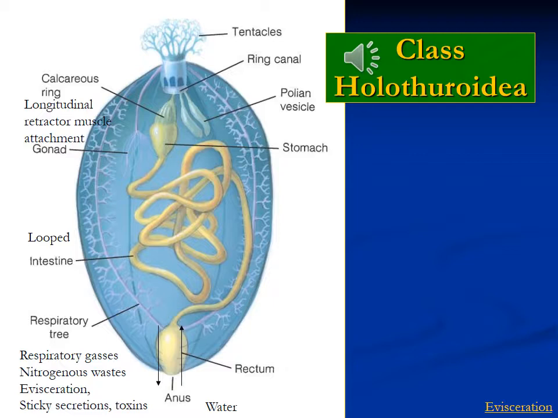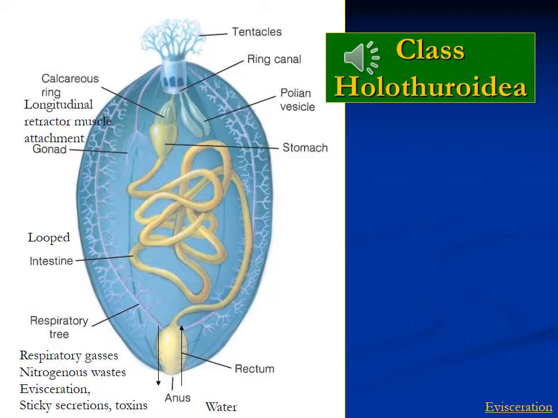They have a long looped intestine. This intestine obviously terminates at the anus. But what's also continuous with at least the rectum here is the respiratory tree on both the left and the right side.